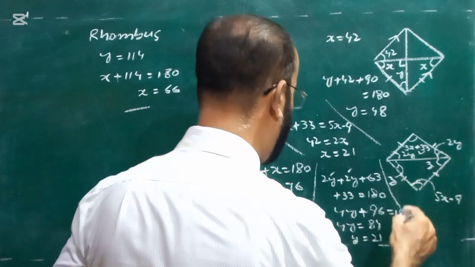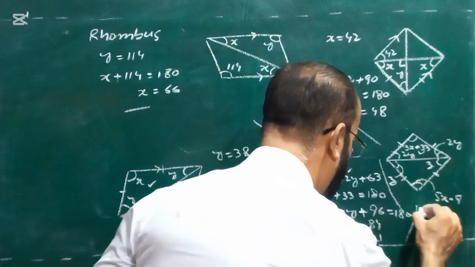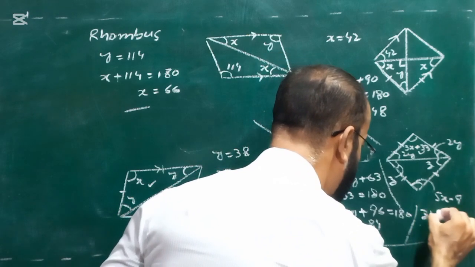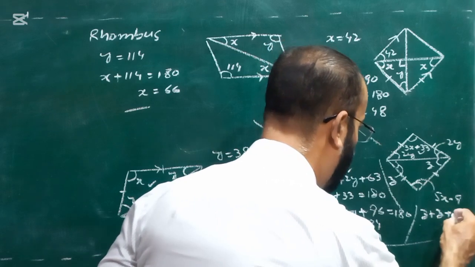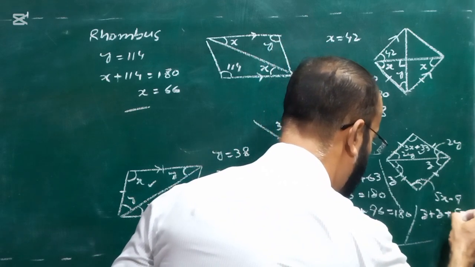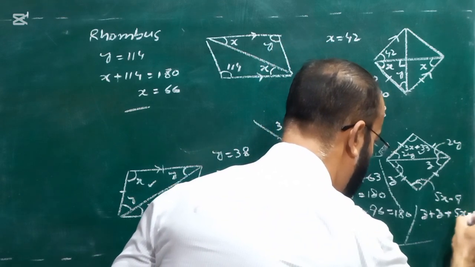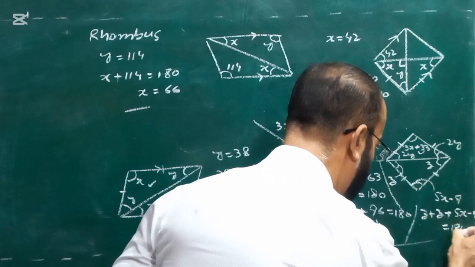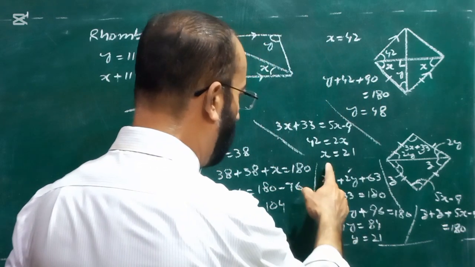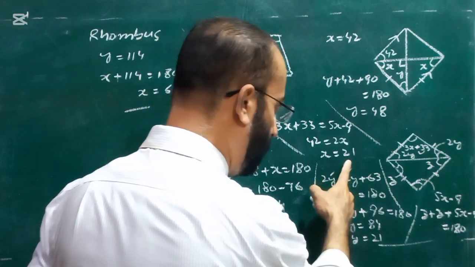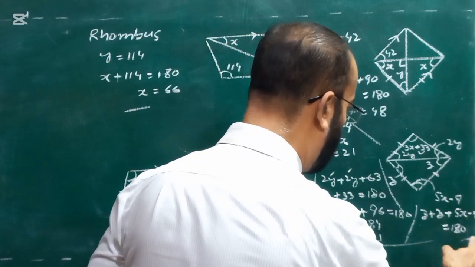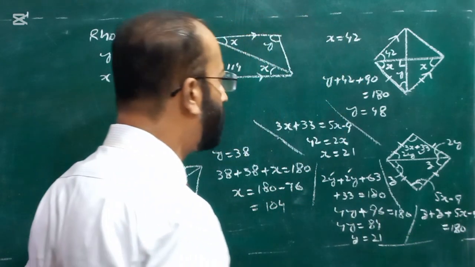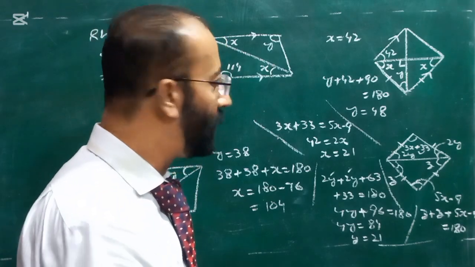So it means z plus z plus 5x minus 9 should be equal to 180 degrees, because the value of x is there. So put the value of x over here, solve the equation, you will get the answer. So these were the solutions.